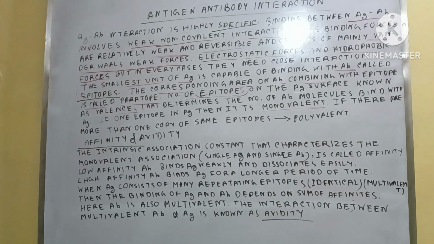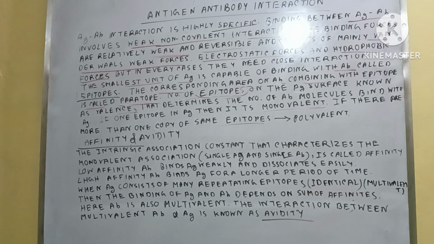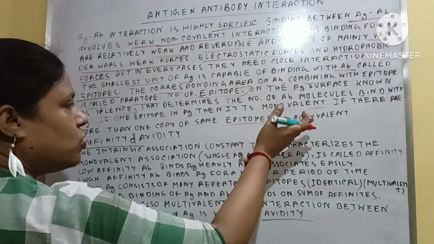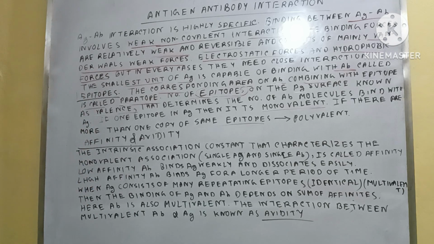Clear? And if the same type of epitopes are present in many copies, not only one copy but more than one copy, then it is called polyvalent. Clear? So what is monovalent, what is polyvalent, what is valence, you all know about that.